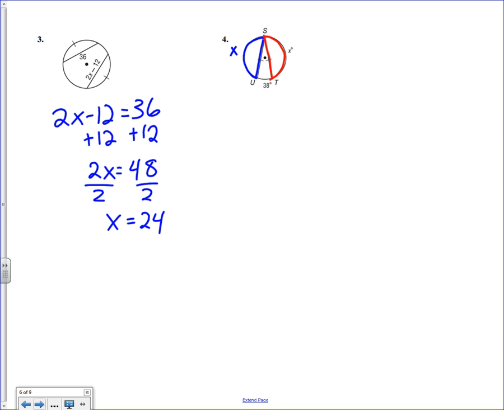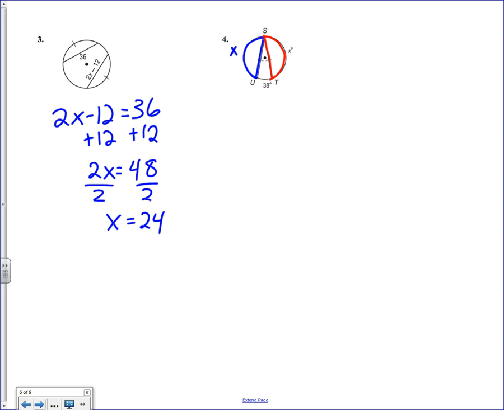Now, some of you may figure out right away what you're supposed to do with that, but some of you may not, right? So what do we know about a circle, or the measure around a circle? The measure around a circle is 360.